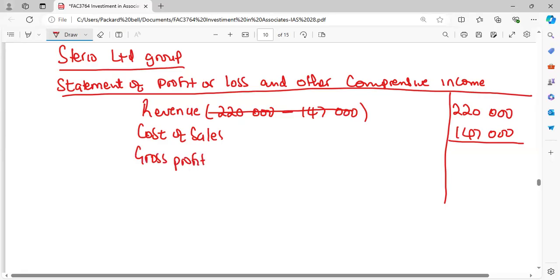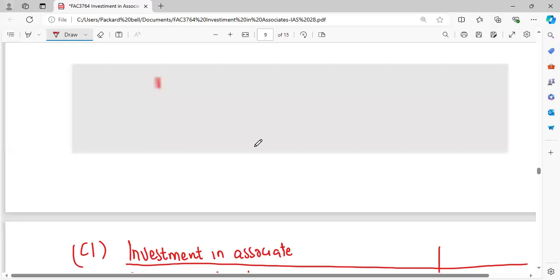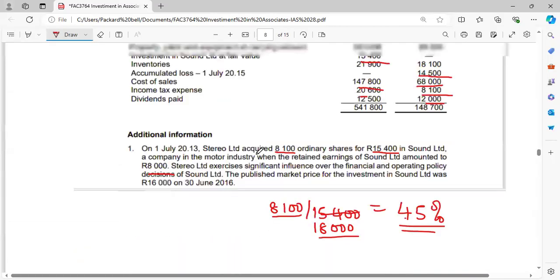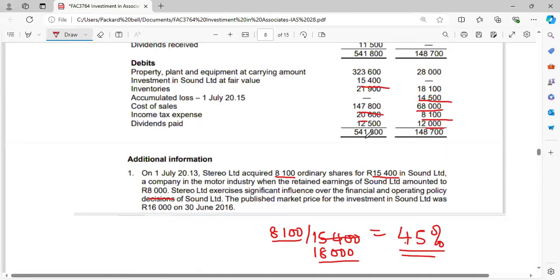I'm waiting. 73,000. Let me just check if we are checking the right figure. Oh, it's 47,800 on cost of sale.